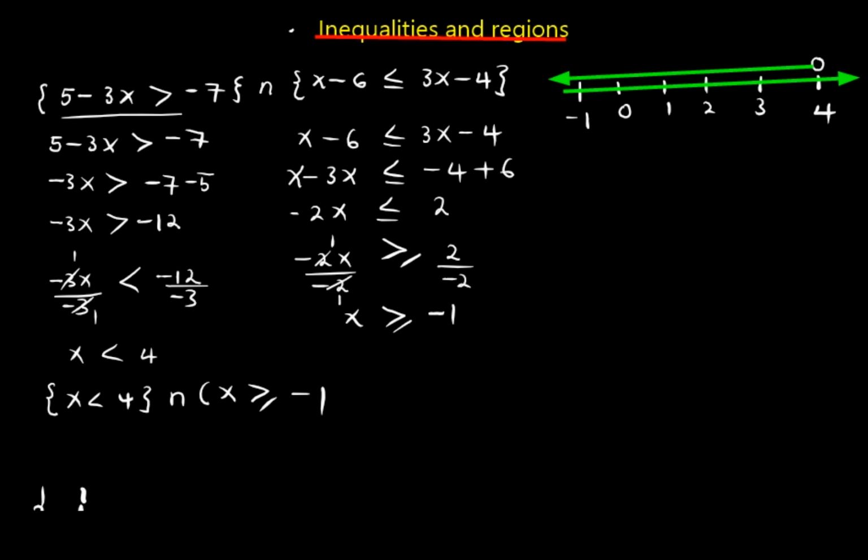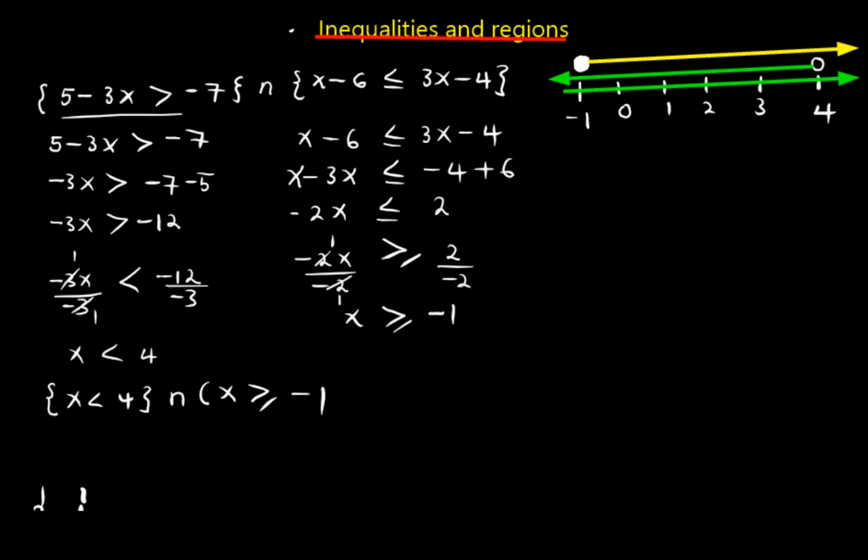They are as well telling us that x is either greater than or equal to negative 1, implying that negative 1 is what? Inclusive. Here we shade the circle and we move towards the what? The right. Are we okay?